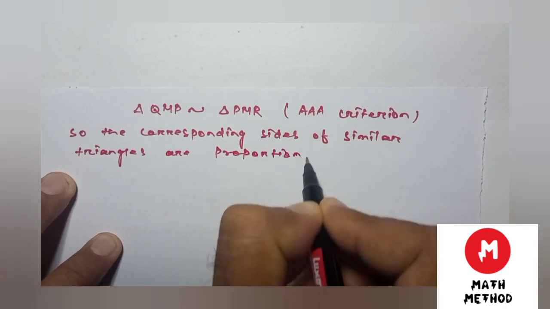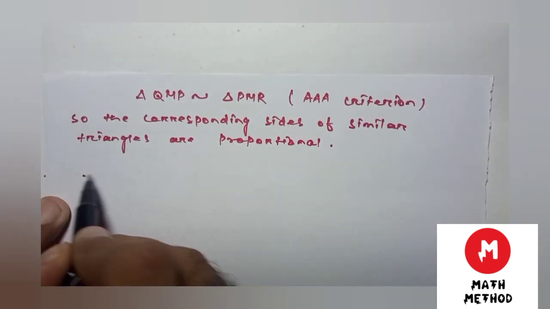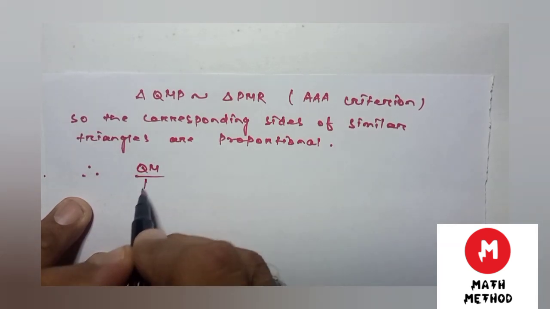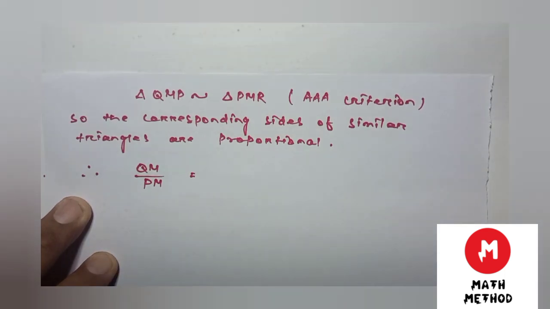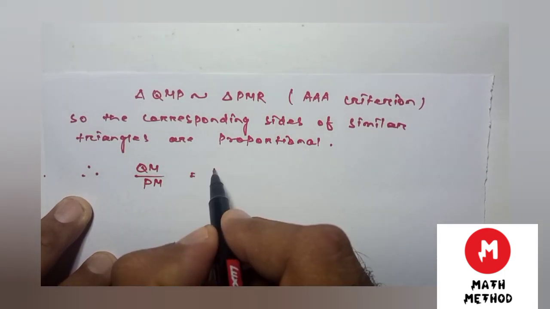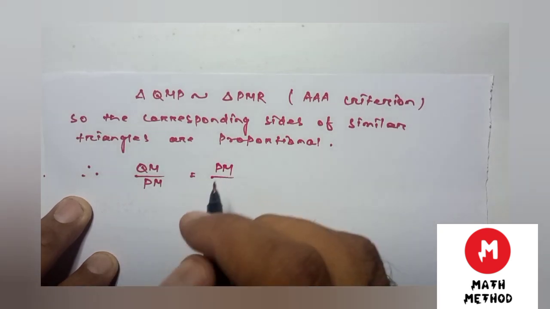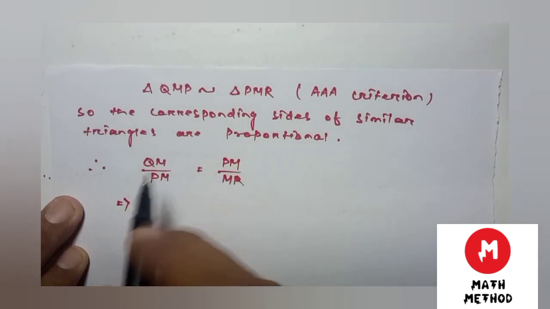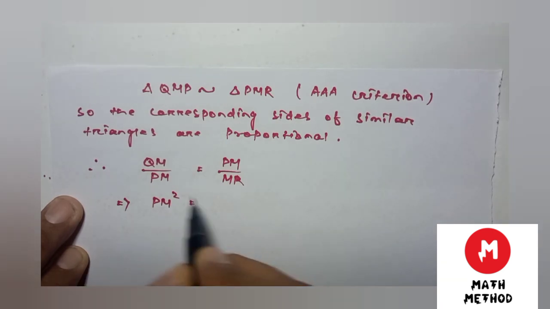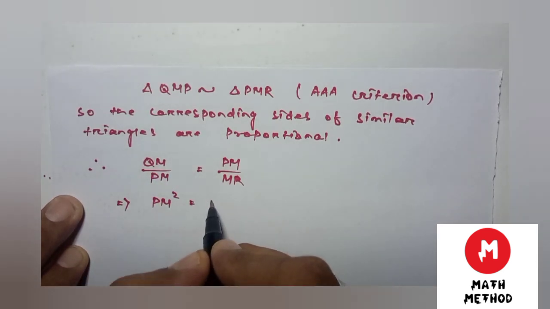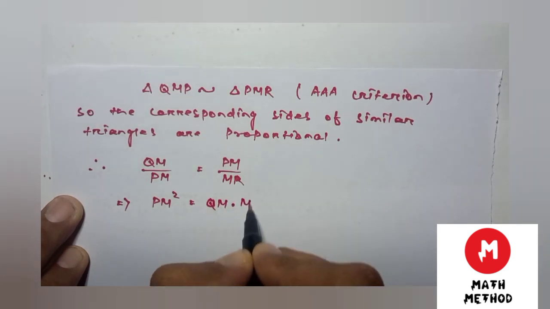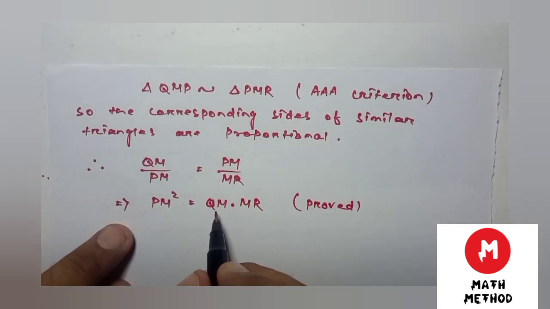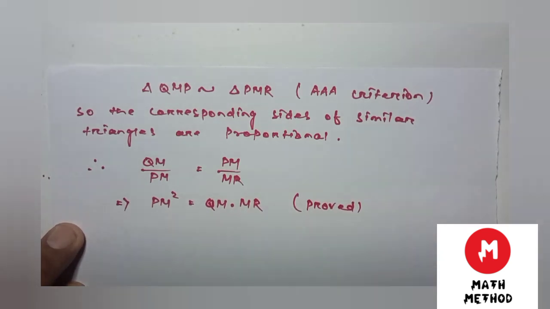Clear? Therefore we can say that QM upon PM is equal to PM upon MR, which by cross multiplication gives PM square is equal to QM into MR. Proved. Clear? Question 2 is over.